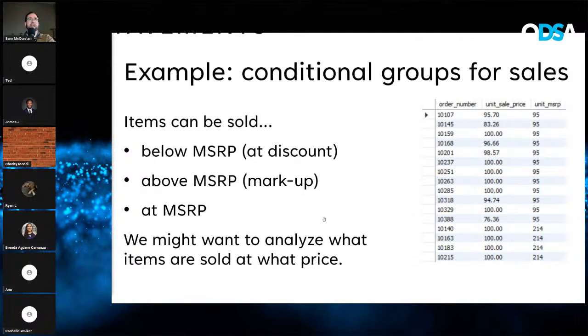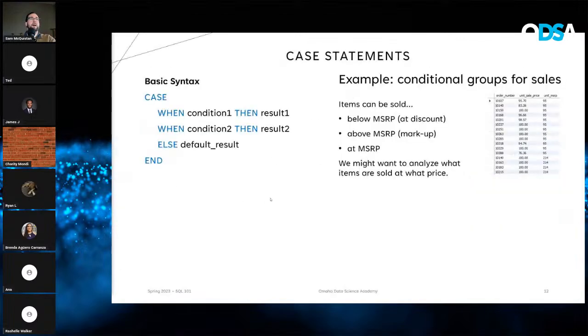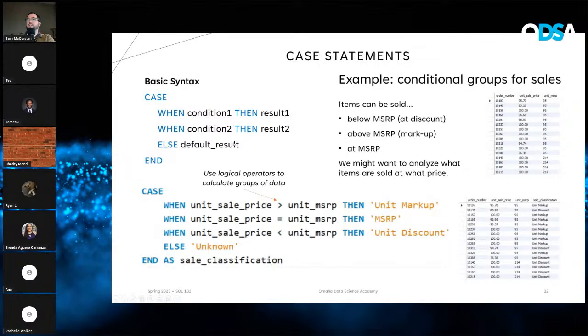And then if something's at MSRP, we would have a case when unit MSRP equals unit sale price, then MSRP, and you can name it whatever you might want to. But if I zoom out here, we were all pretty close to the answer.